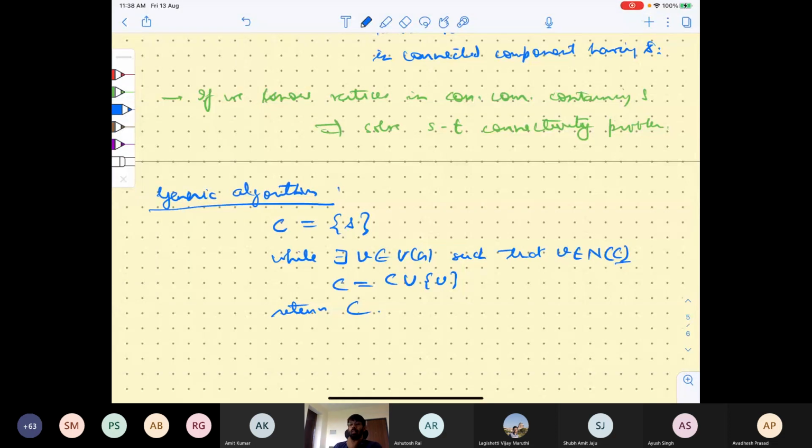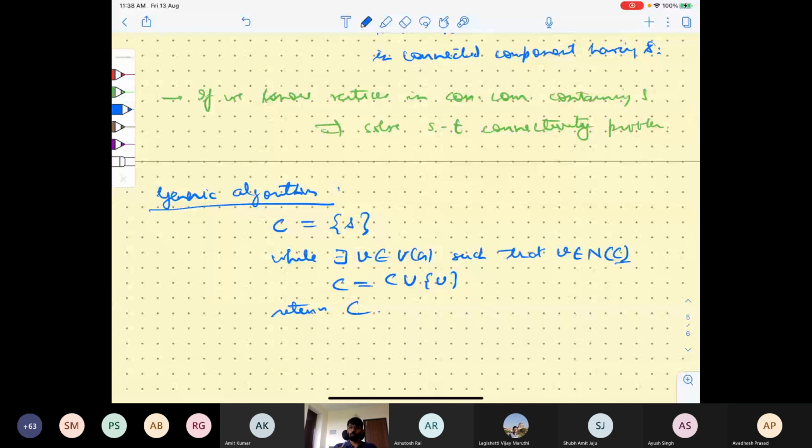Right? But this is a very abstract algorithm. So what does this algorithm say? Okay, initially we have S. Whenever we get a new vertex which is outside the current set, such that it is a neighbor of any vertex in the set, then we just include it in the set and we grow the current set.